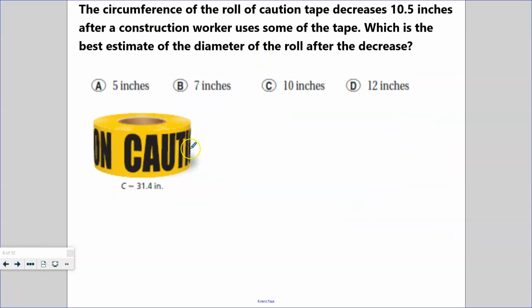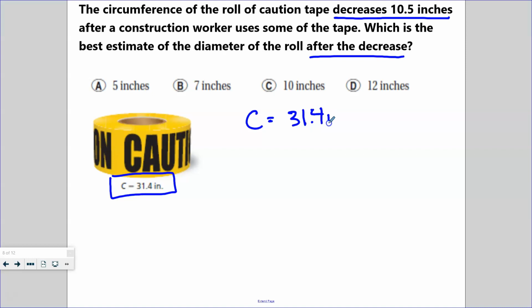Right, so here we go. The circumference of the roll of caution tape decreases 10.5 inches after a construction worker uses some of the tape. Which is the best estimate of the diameter of the roll after the decrease? Alright, so the circumference before they started using it was 31.4 inches.